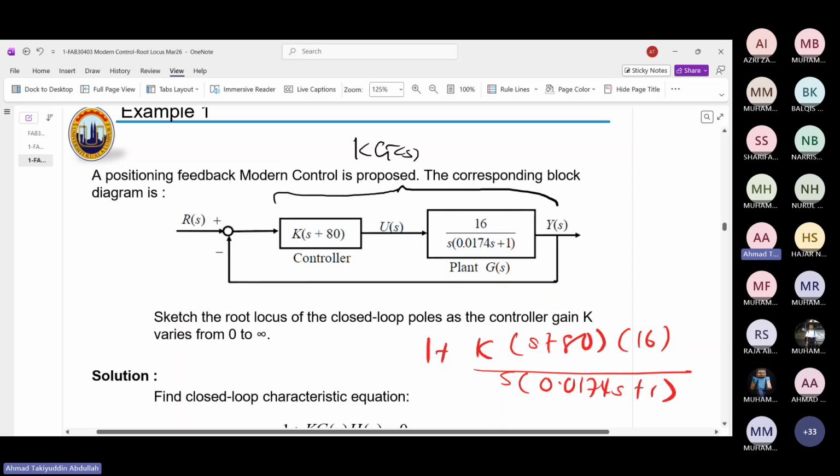Can you agree with that? Yes? So this is our actual equation, and we put it equal to 0.